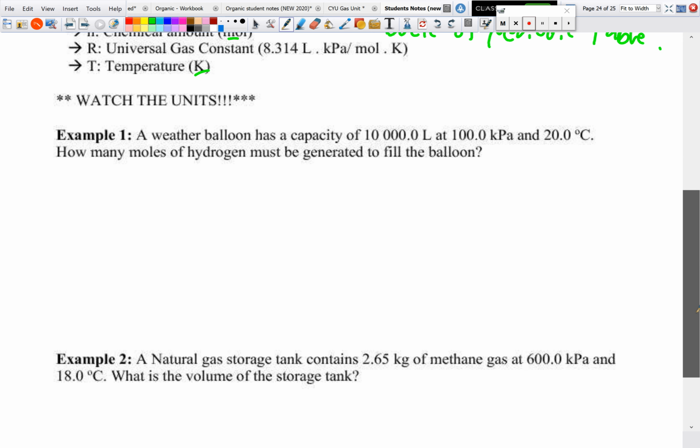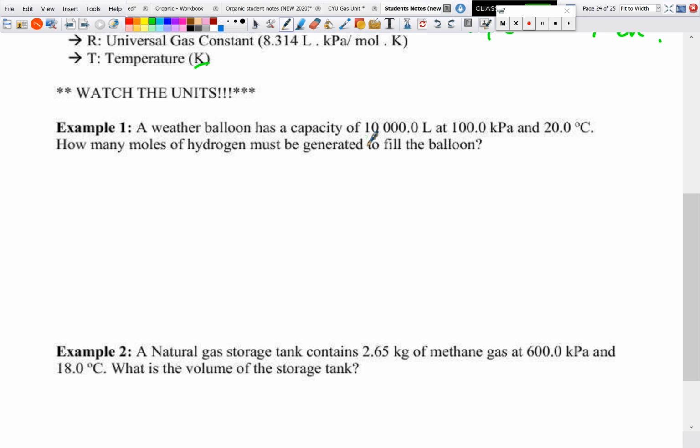So example 1, we have a weather balloon that has a capacity of 10,000.0 liters at 100.0 kilopascals and 20.0 degrees Celsius. So how many moles of hydrogen must be generated to fill this balloon? All right, so let's write down all of our givens. So we have our volume is equal to 10,000.0 liters.